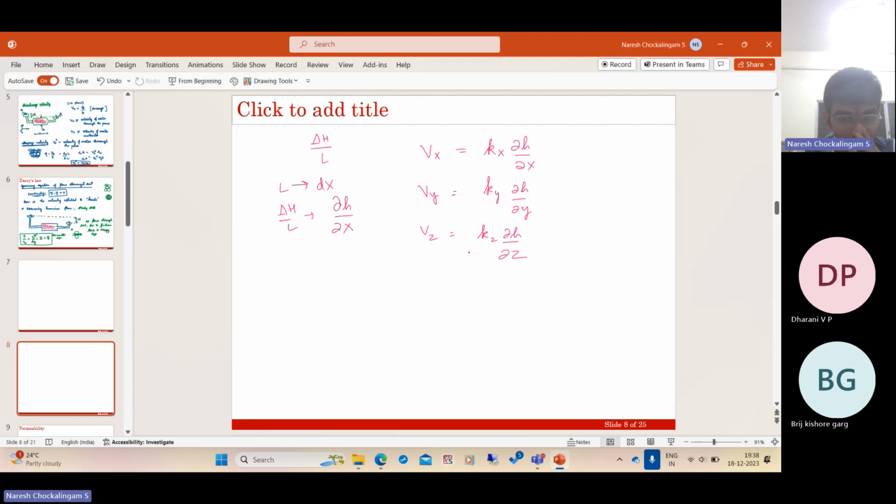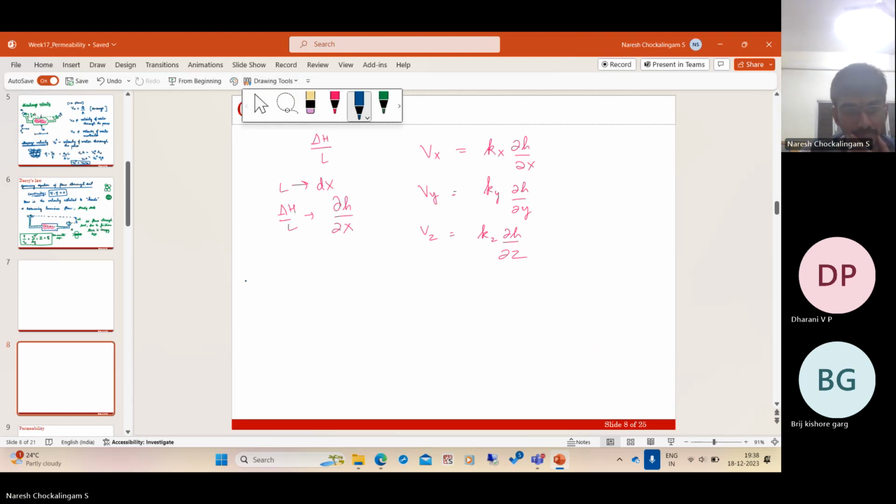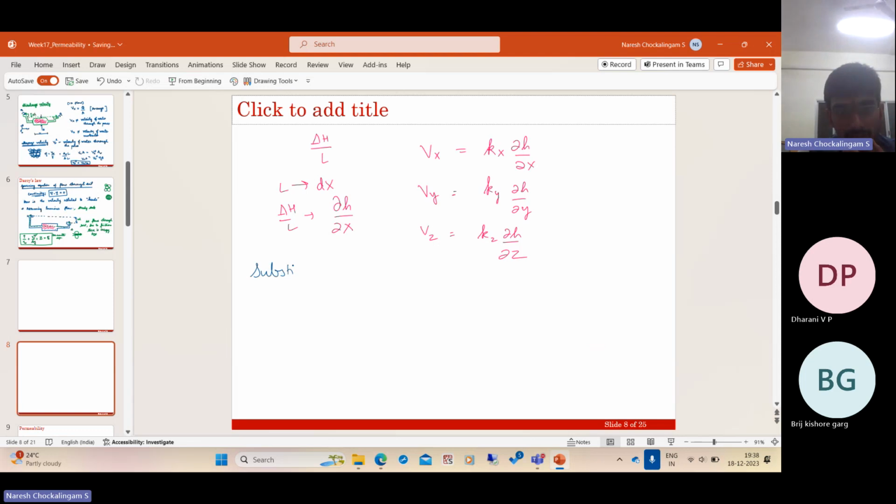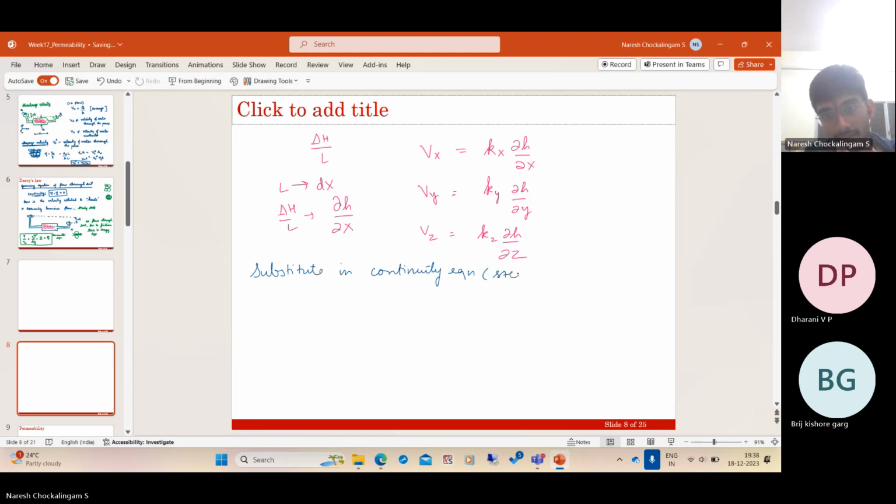Now we can substitute these into the continuity equation. Again, steady state. What did we have? Partial Vx with respect to X plus partial Vy with respect to Y plus partial Vz with respect to Z equal to 0.